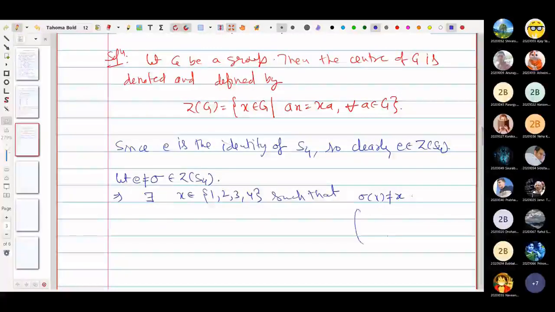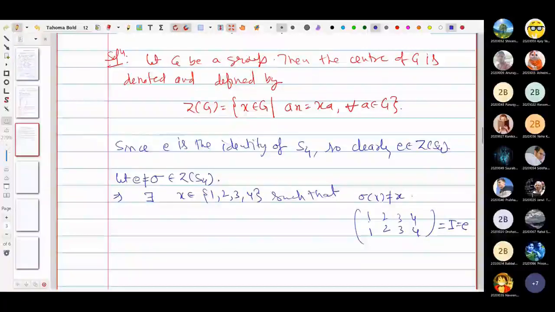In identity, when we define the identity permutation, 1 goes to 1, 2 goes to 2, 3 goes to 3, 4 goes to 4, like this. Then we write this as identity. So there should be some element in this set 1, 2, 3, 4, for example x, which is not mapped to itself.